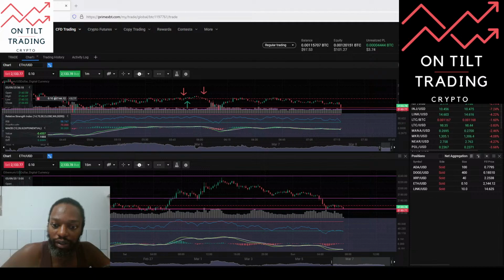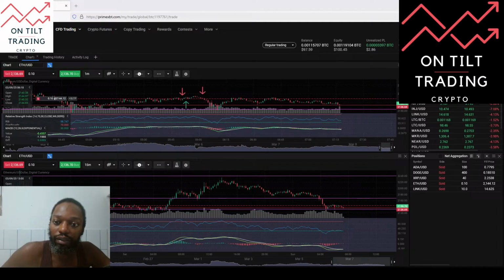Then we have the sell-off from S3 down to S4. Another thing that's different about Ethereum than Cardano or any of the rest of the trades that I took today is it pulled back well above S4, and it's still above S4 if you come up here at the 1 minute. This is S4 here, so it's still above it.